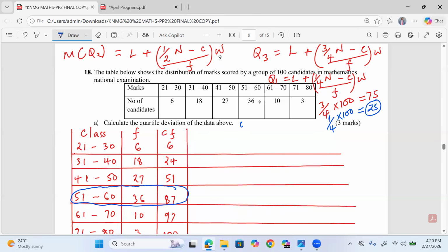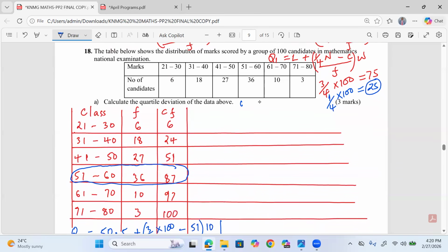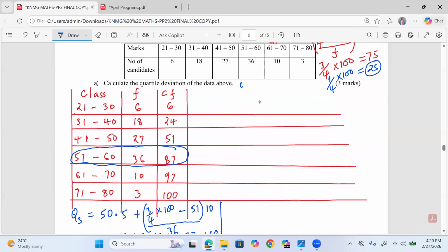We check the first class, we only have 6. In the second, we have 24. So the 25th is contained in this class, and this becomes our Q1 class.